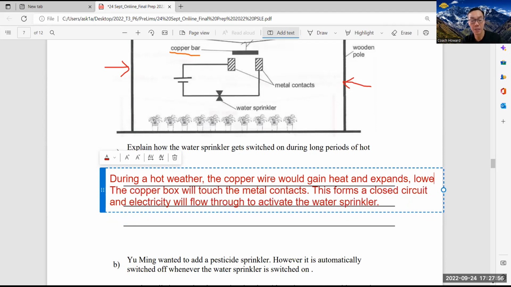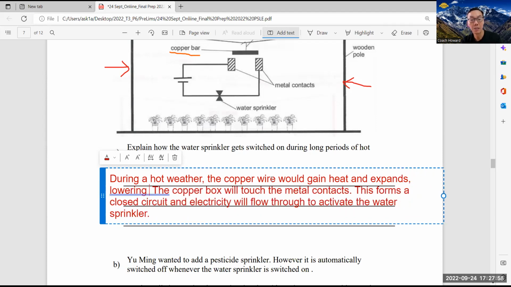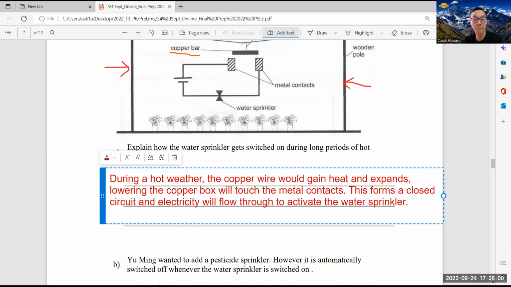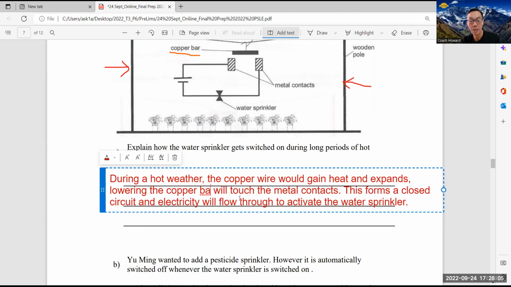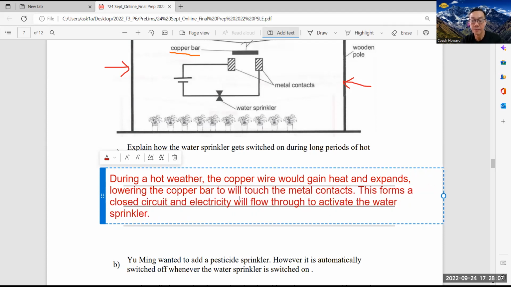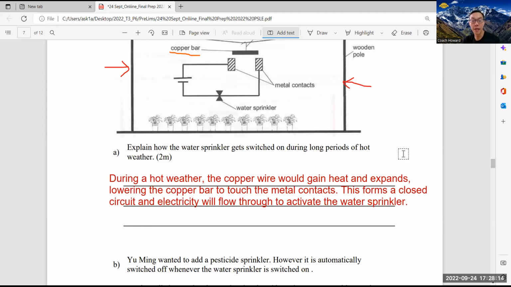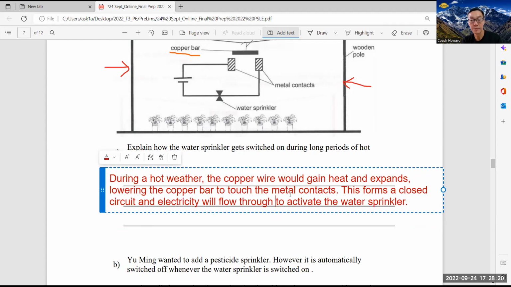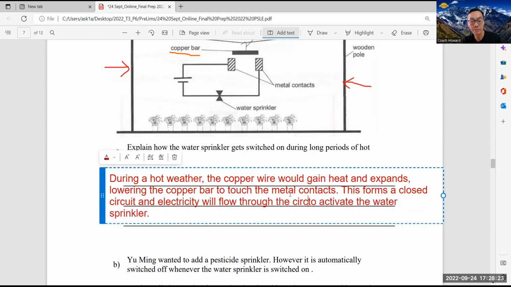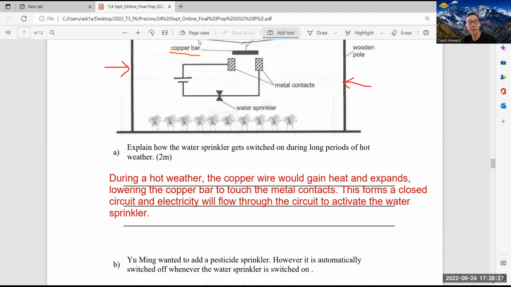Lowering the copper bar, not box, copper bar, to touch the metal contacts. This forms a closed circuit and electricity will flow through the circuit to activate the water sprinkler. So this is how this thing works.